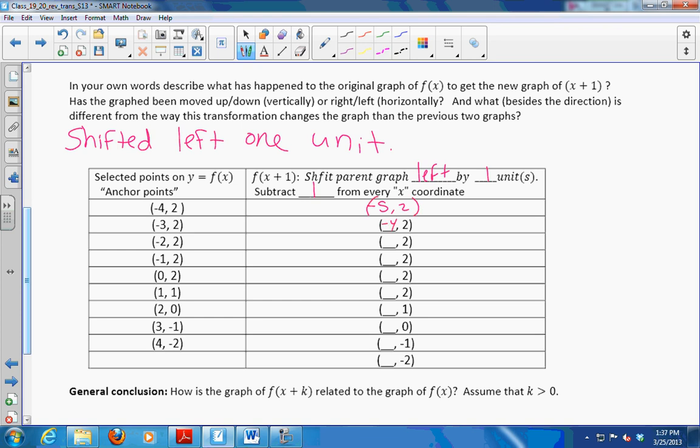Negative 4, negative 3, negative 2, negative 1, 0, 1, 2, 3, and that's the last place that f is defined.